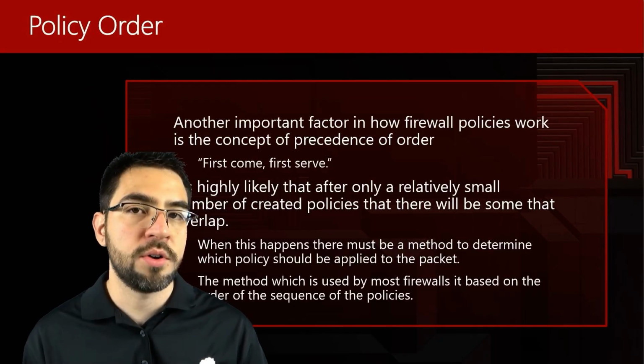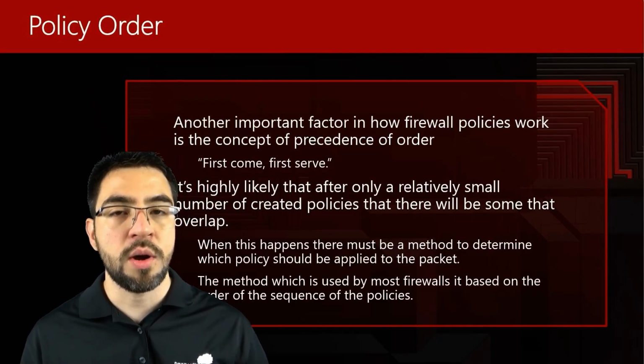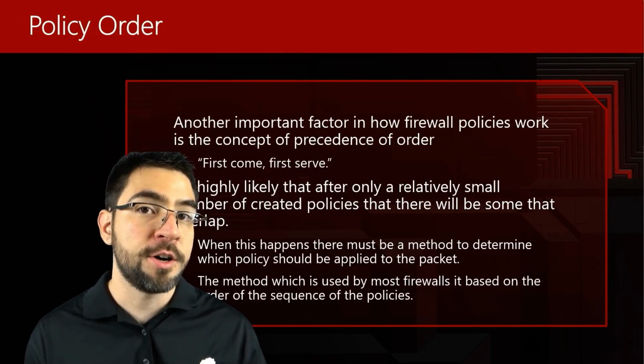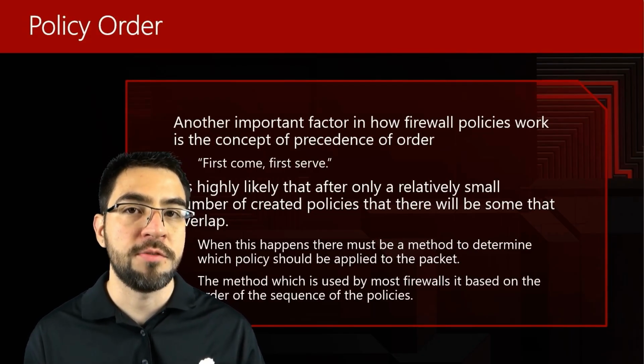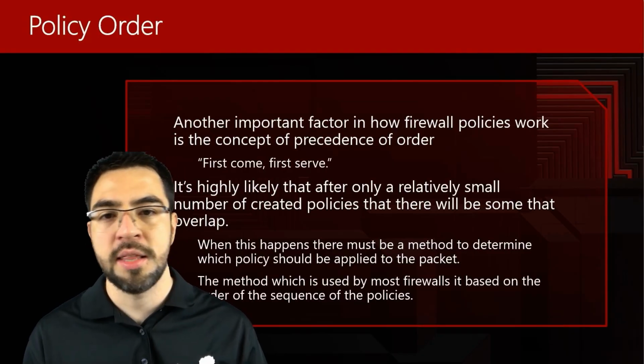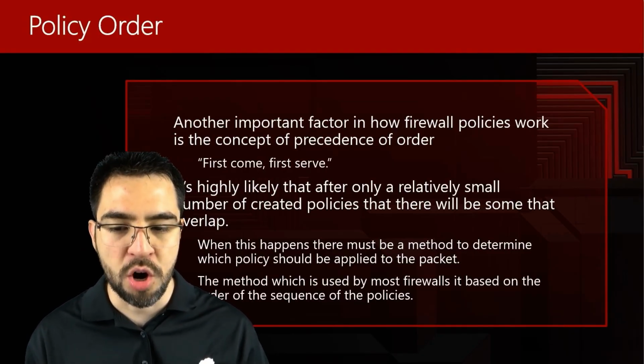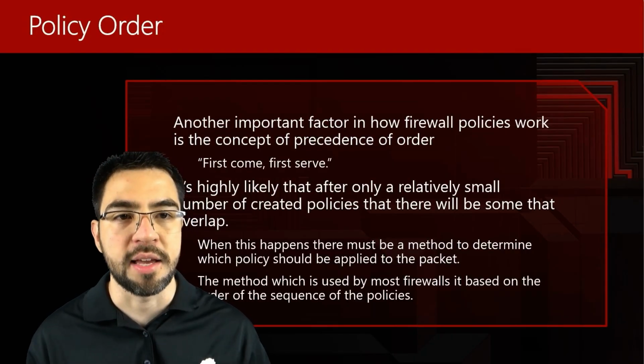So the order for the policies is important. Try to always put the denies first, then the more specific rules second, and then wider, more broad access later on the list.